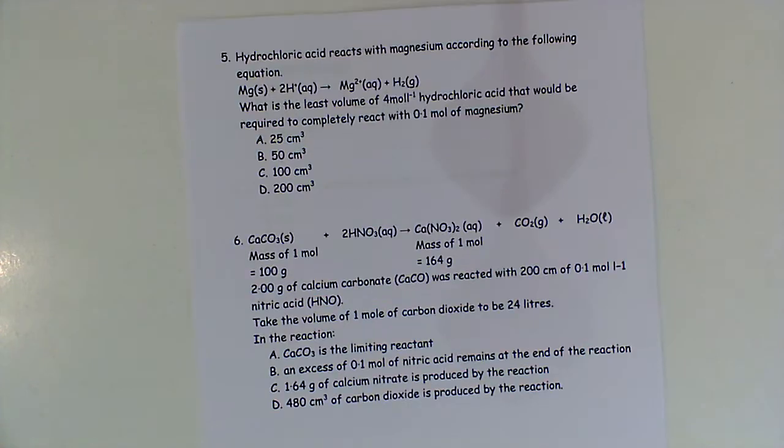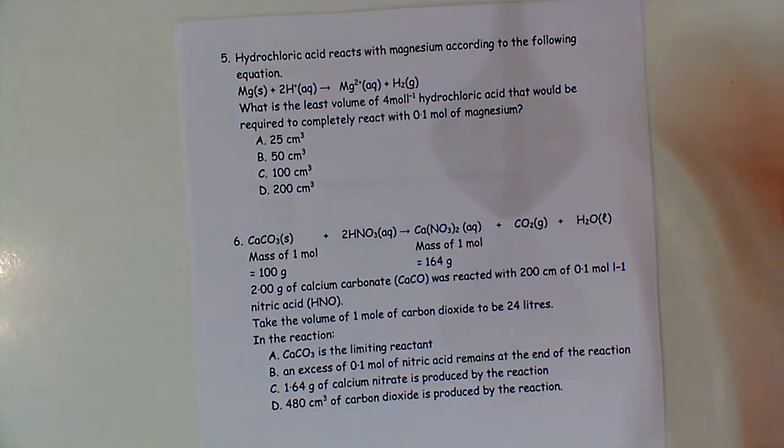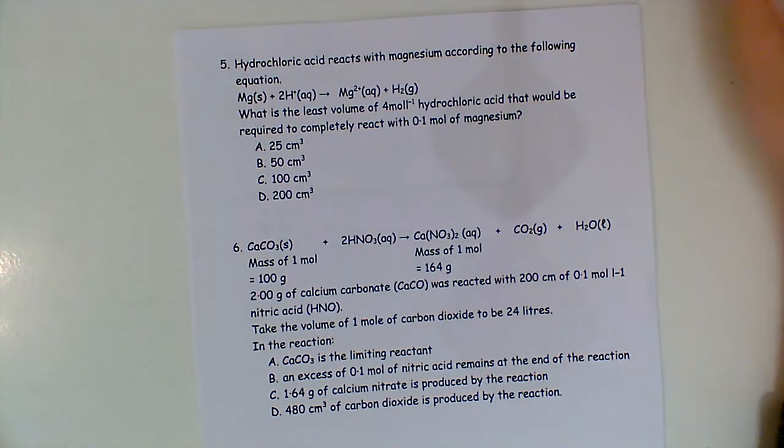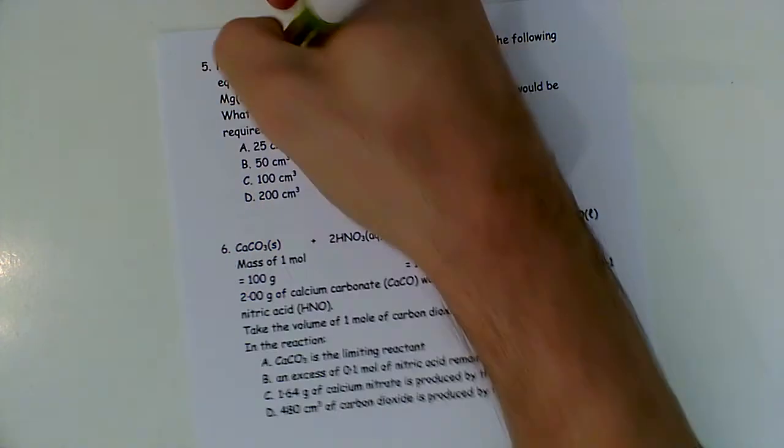Right, so now we've got 2 questions, and these are both calculation related. First one: hydrochloric acid reacts with magnesium according to the following equation. Magnesium plus 2H+ goes to Mg2+ plus H2. The first thing we need to get sorted out is the chemical formula of hydrochloric acid. Hydrochloric acid is HCl.